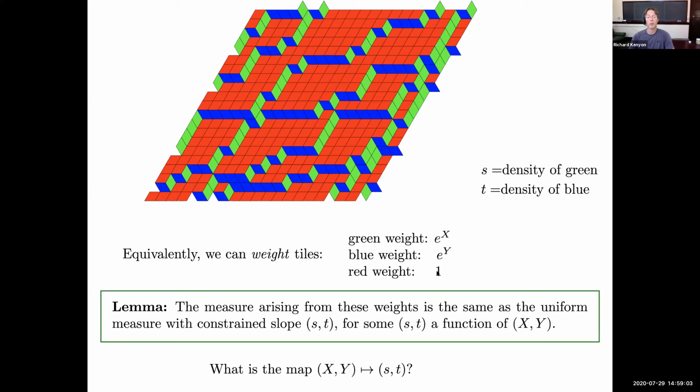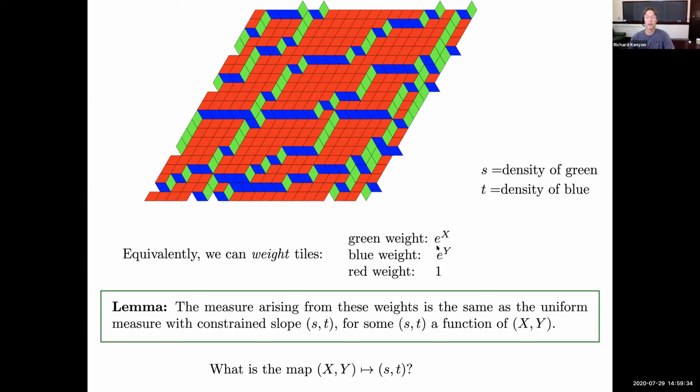And then when I weight the tiles, I get a new measure where the probability of a configuration is proportional to the product of the weights of the individual tiles. I should have said that somewhere: each configuration now has a weight, which is the product of the weights of its individual tiles. And you can use those weights to define a new measure on tilings.